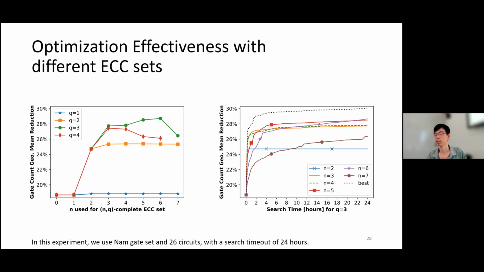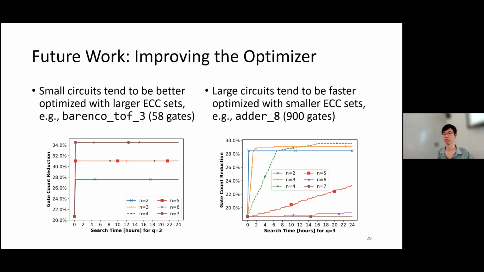Actually, we take a deeper look at different circuits. For a smaller circuit, for example this circuit with 58 gates, it's best optimized with n equals 6 and 7, and it takes only a very short time.